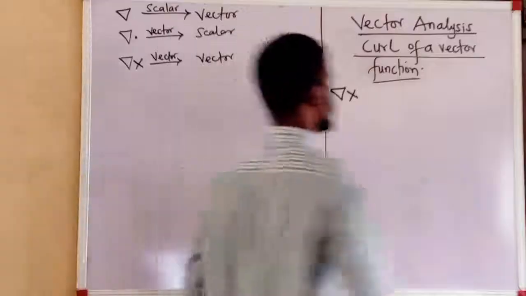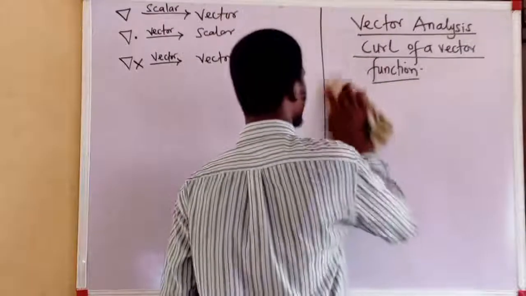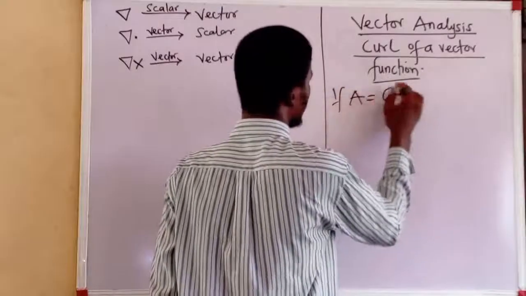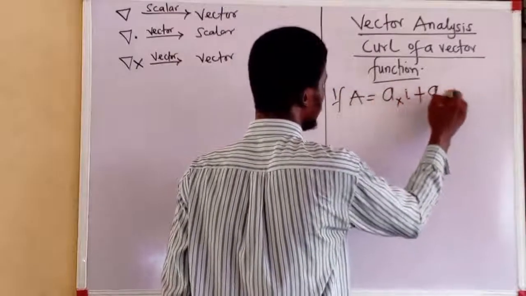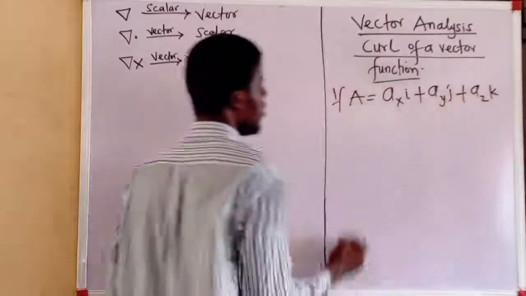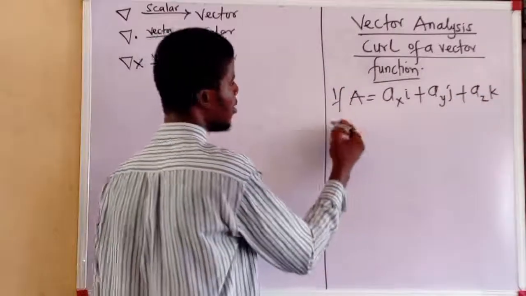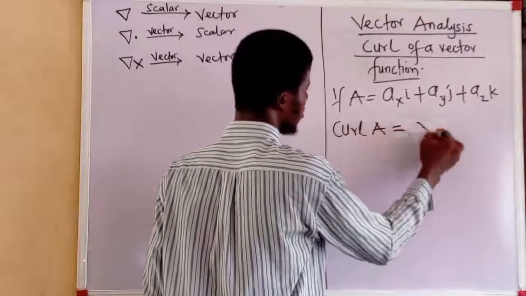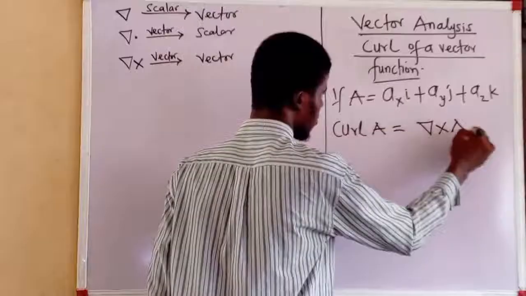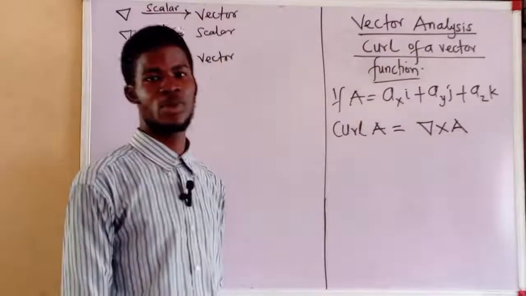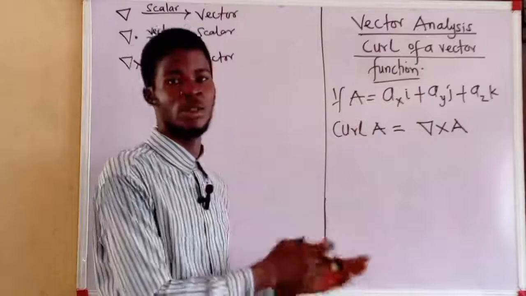Now, I have a vector A sub x i plus A sub y j plus A sub z k. The curl of A, which is del cross A. Actually, a cross product is involved in this operation.